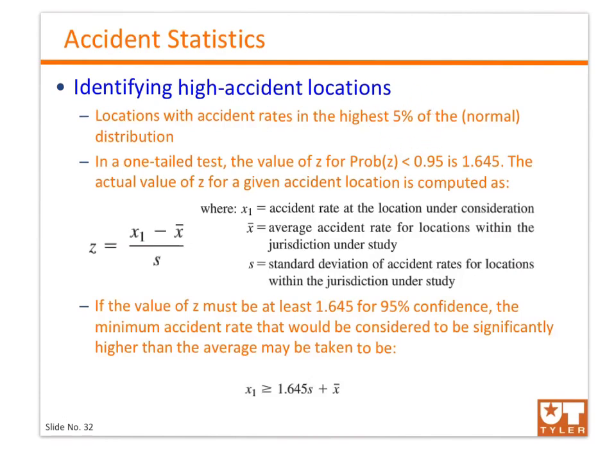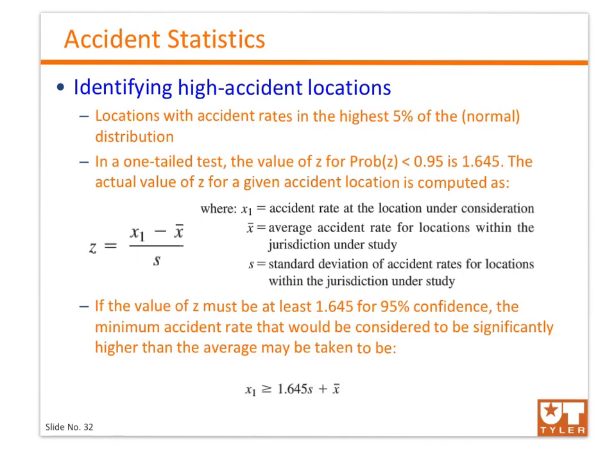So that's why we say the value of z for probability of z less than 0.95 is 1.645. The actual value of z for a given accident location can be computed as follows. Z is equal to x1, which is the accident rate at that location, minus the average accident rate for locations within the jurisdiction under study, over S, and that's the standard deviation of accident rates for locations within that place.